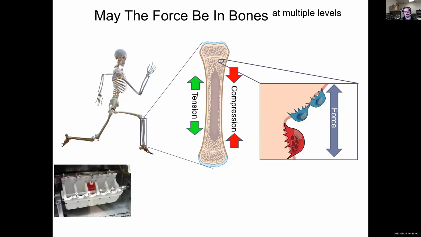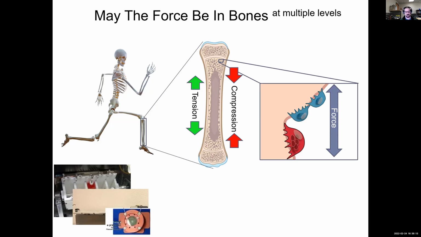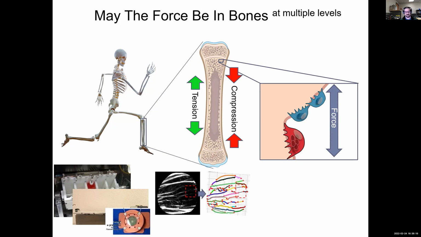At the cell level, we try to replicate these mechanical environments using bioreactor systems, including simulated microgravity. We have a number of vibration bioreactors that we built in the lab, or we can do mechanical stimulation under a microscope to look at the changes in the cells. For example, we can now develop machine learning algorithms to understand how these mechanical inputs change the structure of the cell.